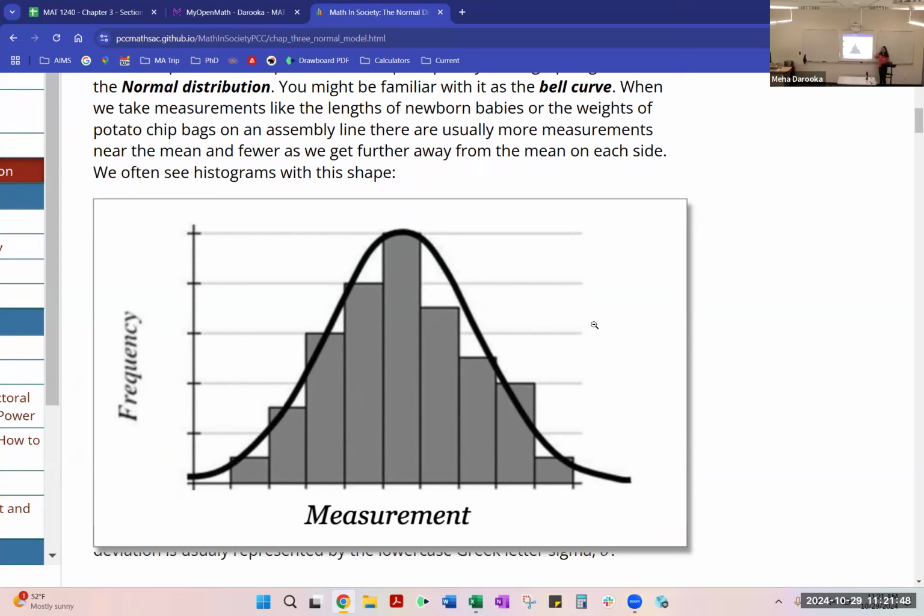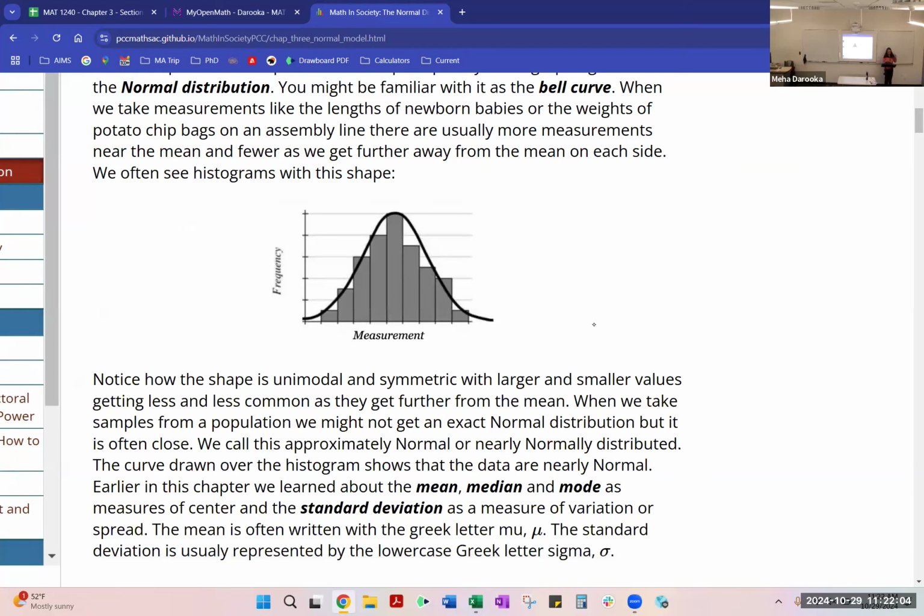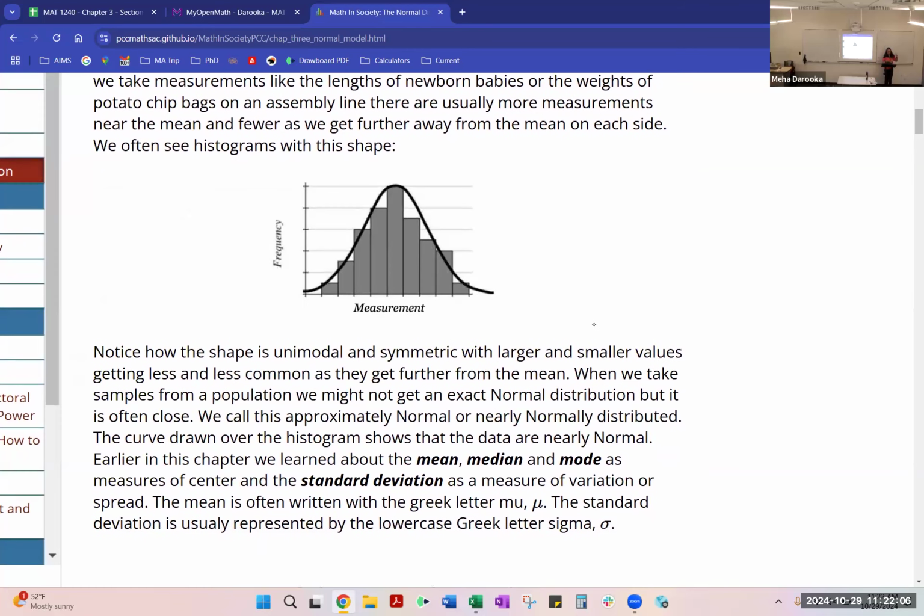So we're saying this is approximately a symmetric distribution. So remember, it does not have to be a perfectly symmetric histogram. As long as we can have that approximate normal distribution or that approximate bell curve, we can use these calculations that we're getting ready to look at. So the shape should be unimodal. It should be symmetric, with smaller and larger values getting less and less common the farther away from the mean you go.